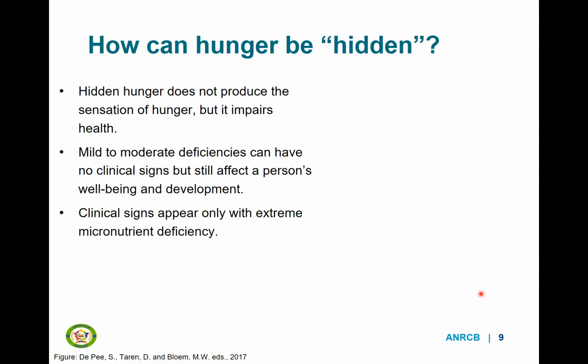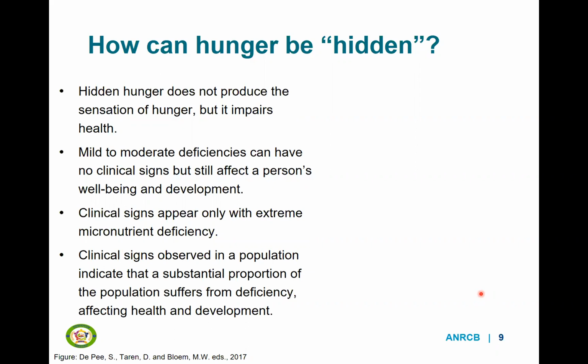And it's only when that deficiency gets even worse that you have clinical symptoms that appear. And when you do see clinical symptoms in a population or in a community, what that is indicating is not a problem of a few people, but of many more people who have deficiency.